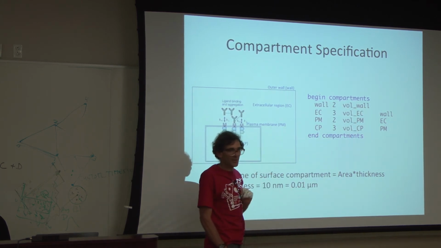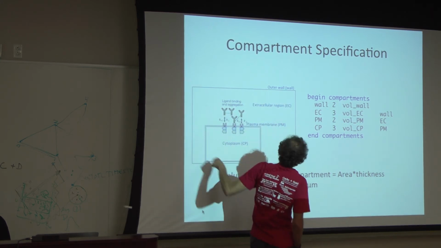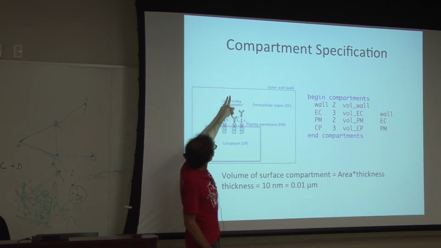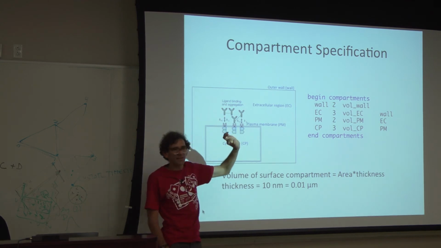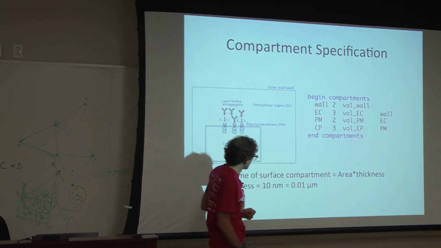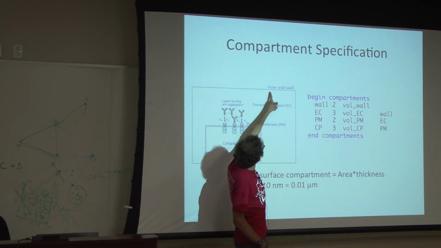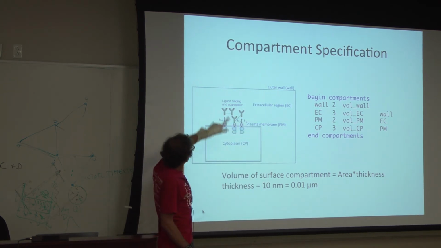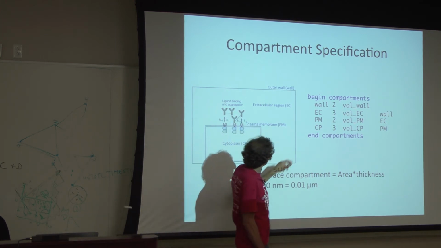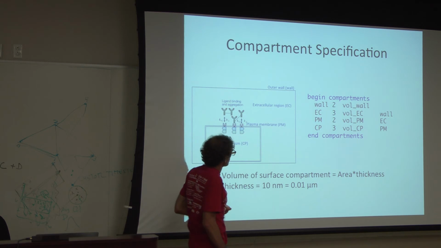It seems a little bit odd to talk about the volume of a surface, but what that really represents is that there's a surface area associated with this wall, and then we assume for the purposes of reaction diffusion that takes place on that surface that it has some effective thickness, which here we take to be 10 nanometers. And so that essentially tells us how to scale the concentrations of the components and their associated rate constants if they're given in standard units. I'll go into this in a little bit more detail later on.